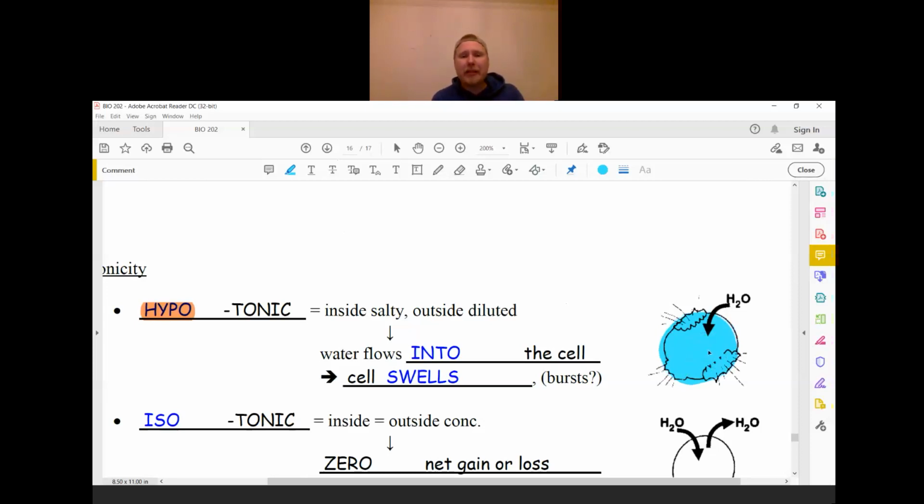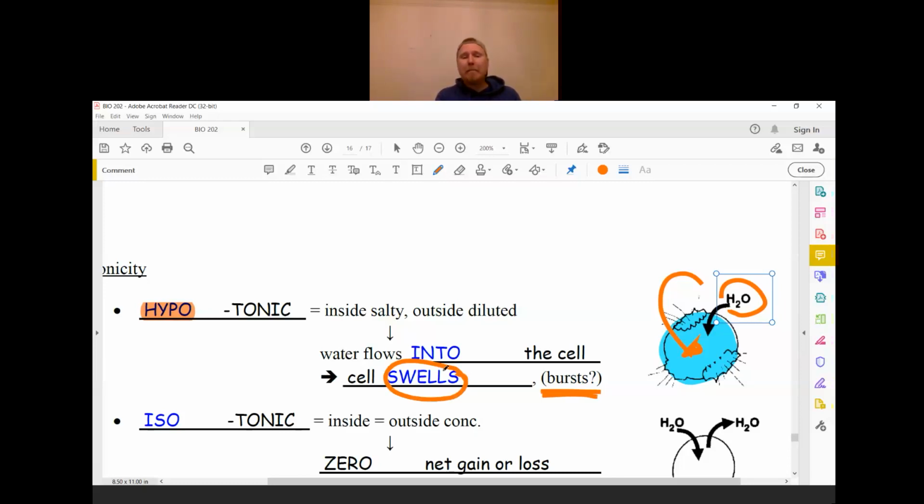As a result of this, water will be flowing into the cell, and as water flows into the cell, it ends up swelling, so growing in size, and it might eventually even end up bursting.